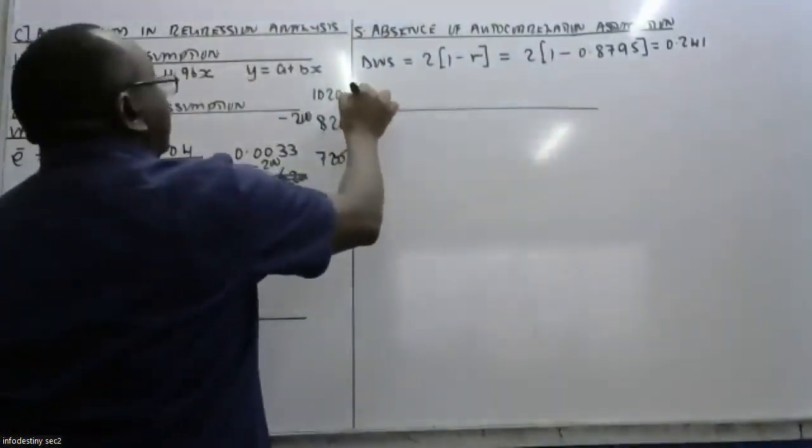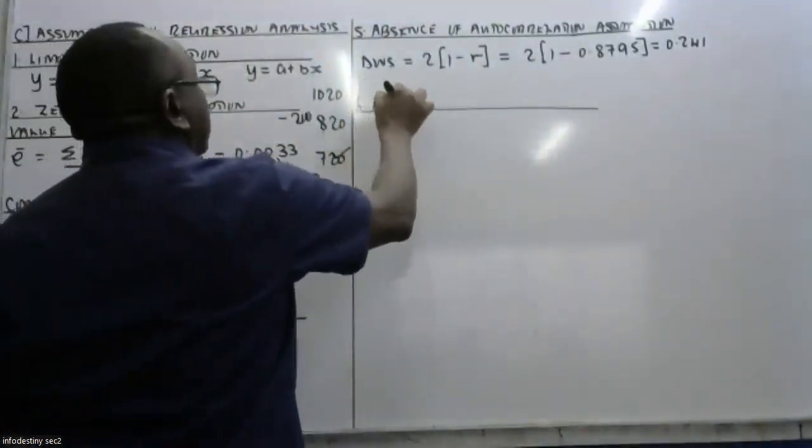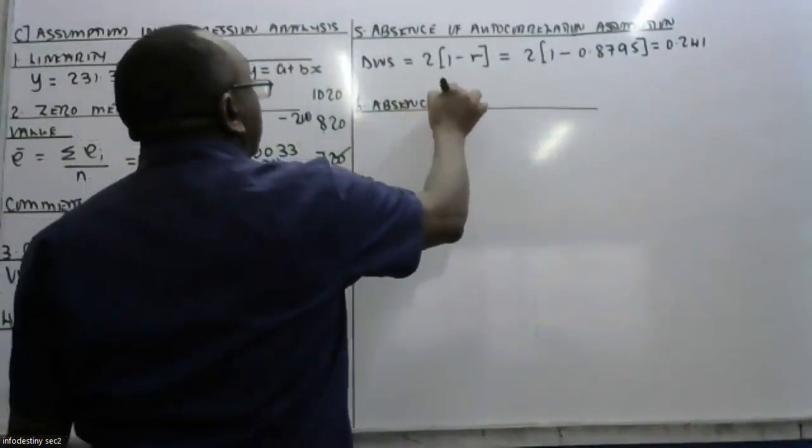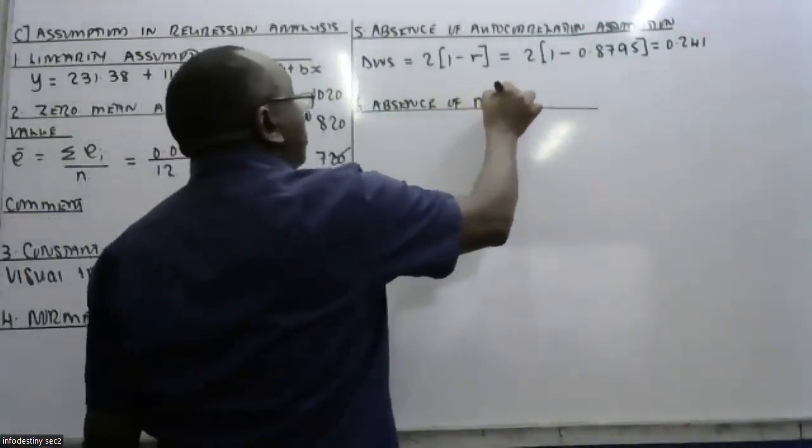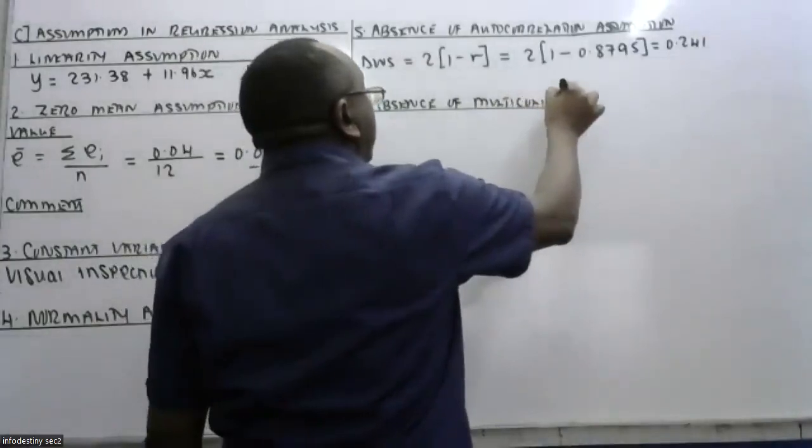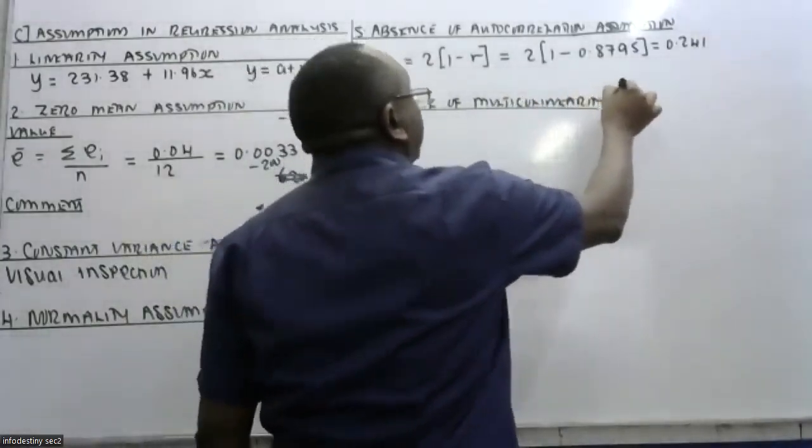Now the last one, number 6, is called the absence of multicollinearity assumption.